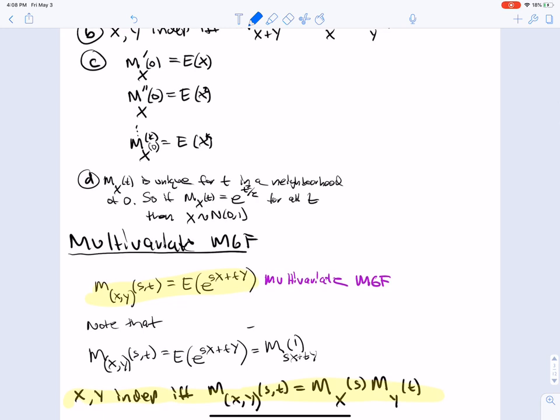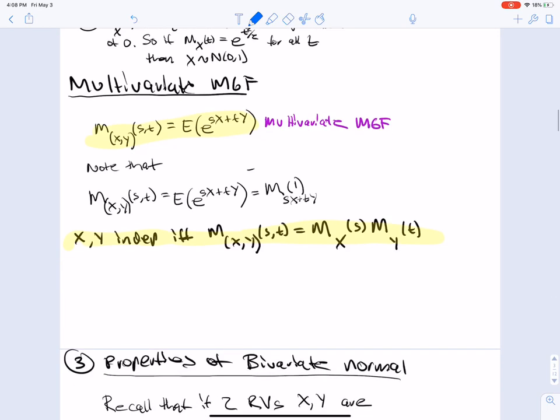So for example, if you find the moment generating function is e to the t squared over 2, then you know that X is standard normal. The bivariate MGF is defined as the expectation of e to the sX plus tY, and it's important to note that you can bring the s and t down.